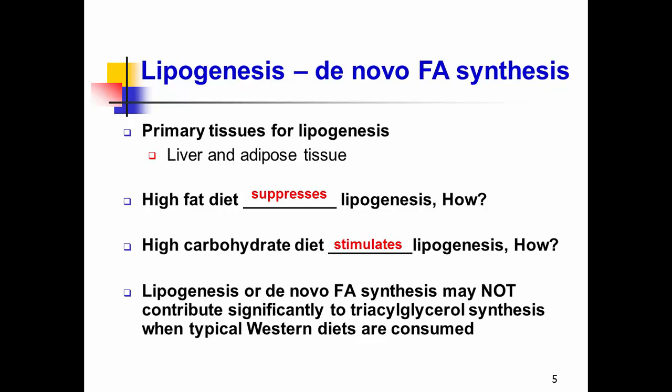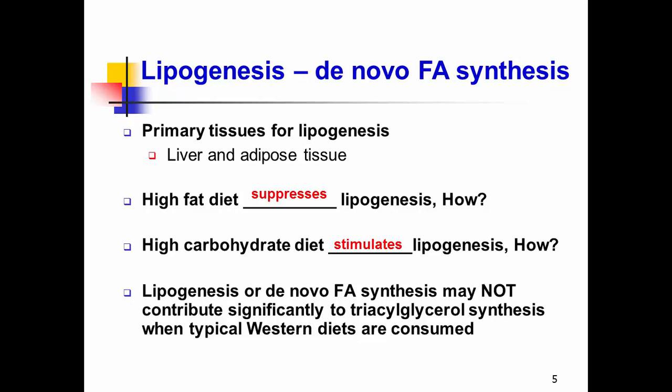Lipogenesis, or de novo fatty acid synthesis, may not contribute significantly to triglyceride synthesis when typical Western diets are consumed. Can you understand this? Because the Western diet mostly has higher fat, a high-fat diet, which we know actually suppresses lipogenesis.